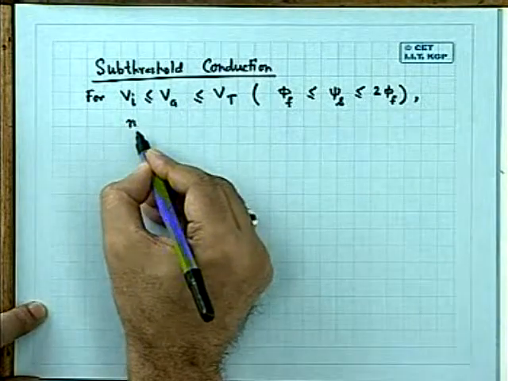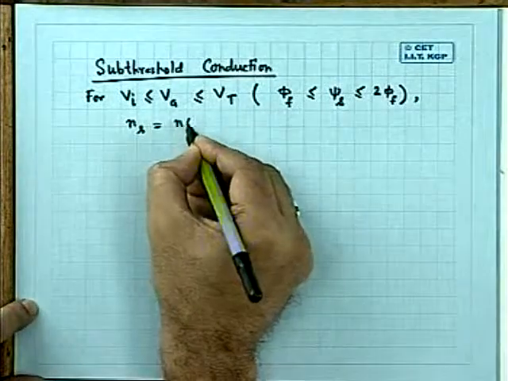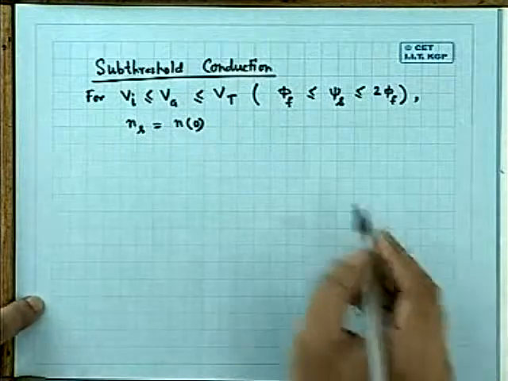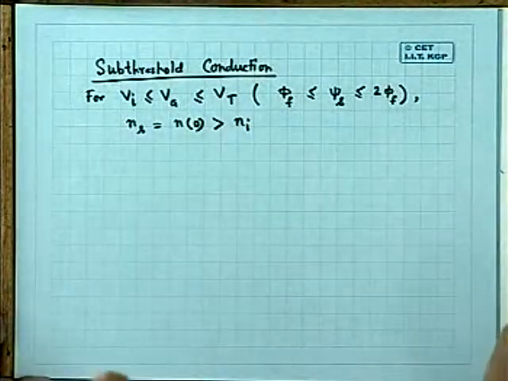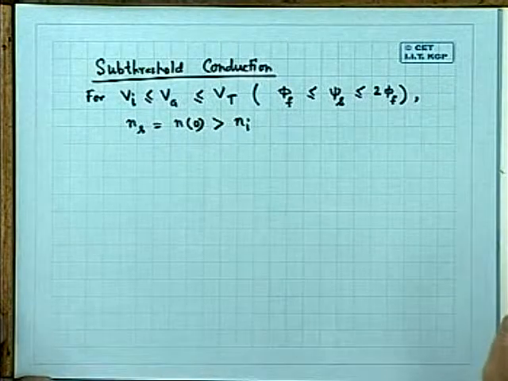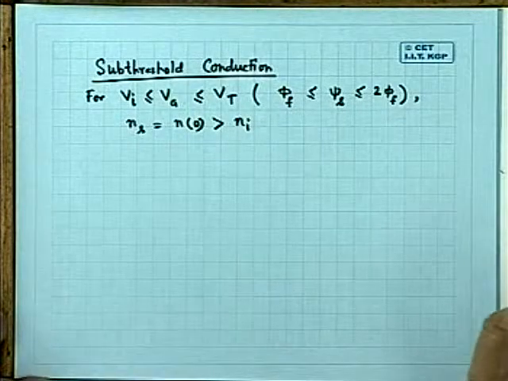N at the surface, that means N0, will be more than Ni. Am I correct? N0 will be more than Ni.